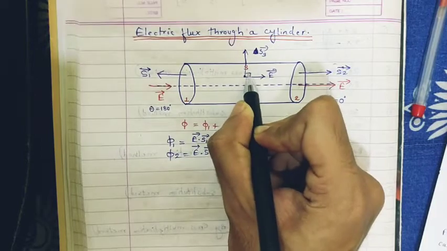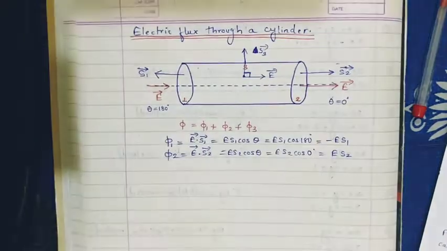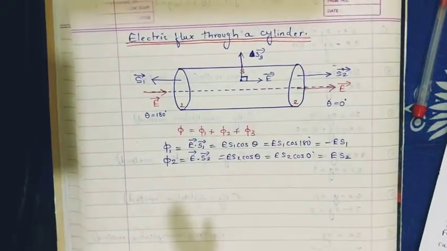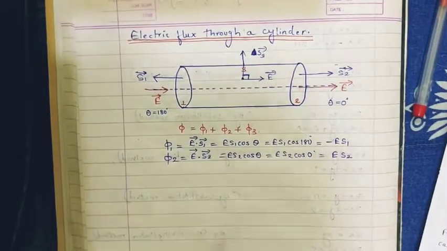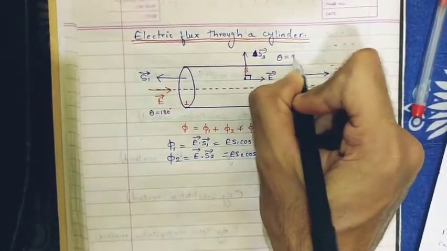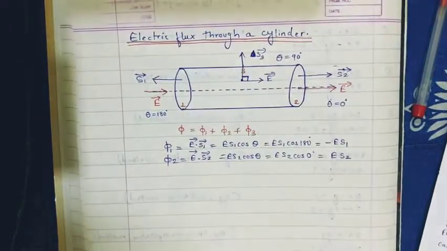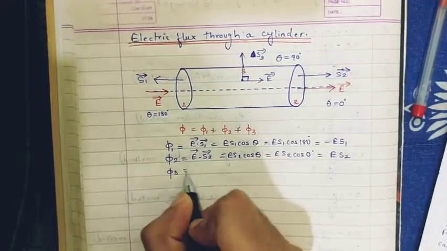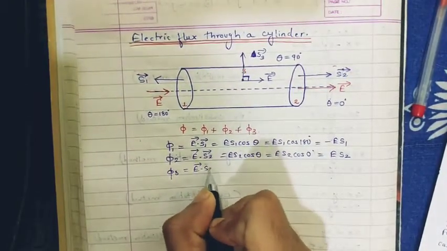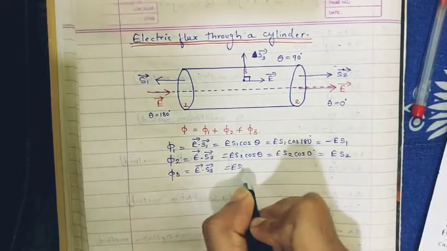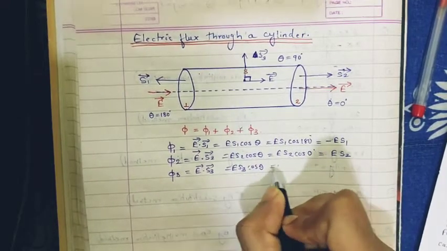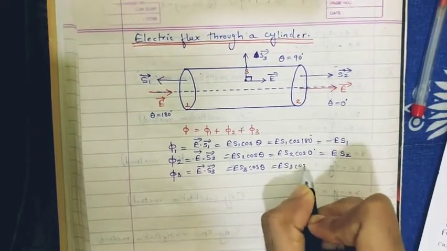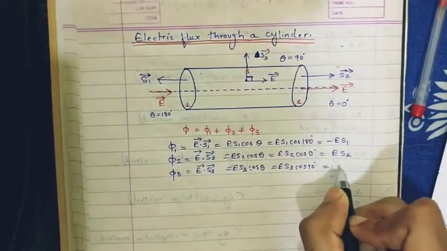What is the angle between the area vector and the electric field at every single point on the curved surface? It's going to be 90 degrees. So phi 3 is E dot S3, which is E S3 cos of 90, and cos of 90 is 0.